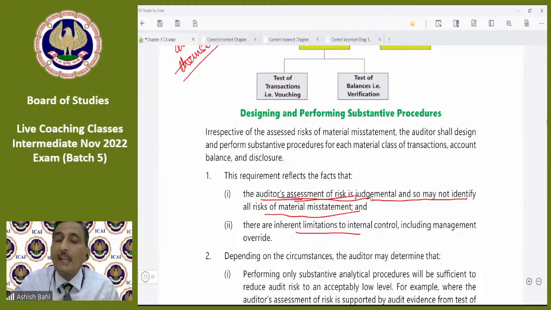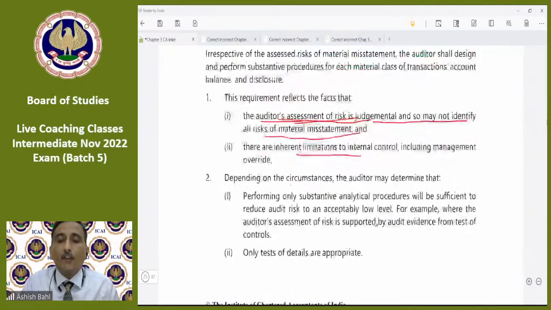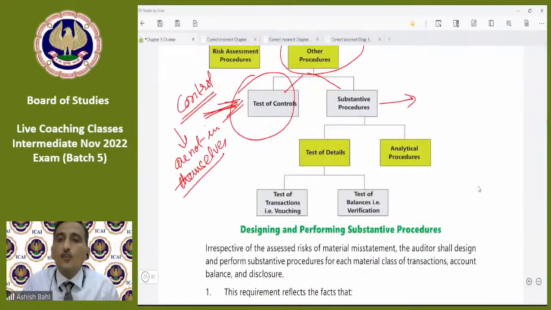Some of the persons in the management may themselves be party to overriding the control systems. They may be trying to override the control systems developed by themselves to dupe the auditor. So therefore the auditor has to perform substantive procedures. That is why the importance of substantive procedures is there.